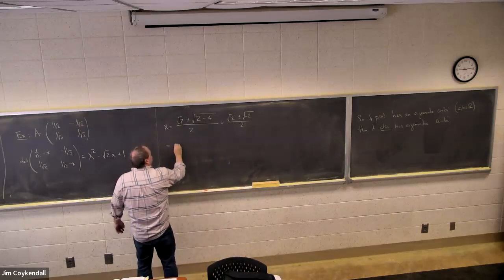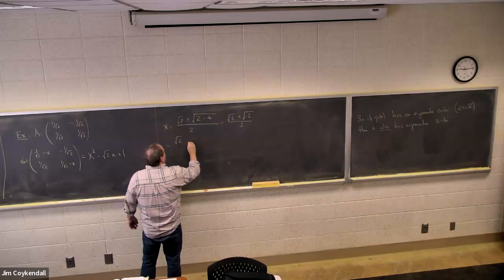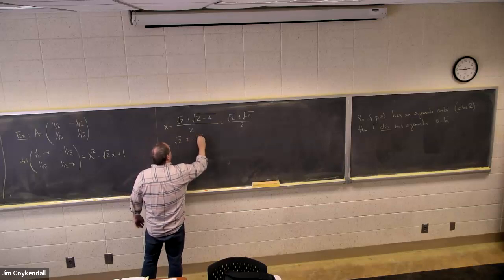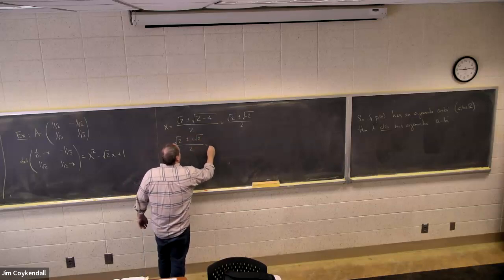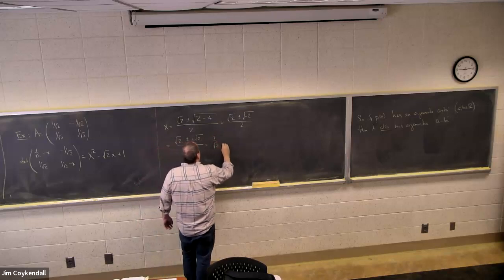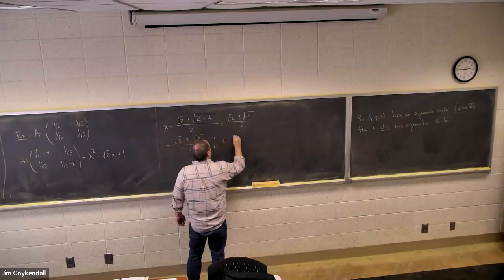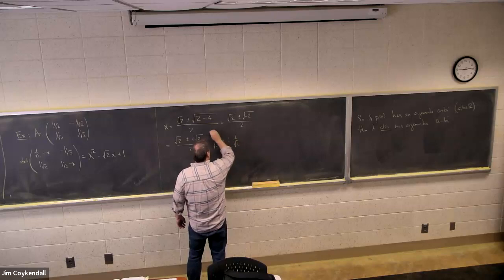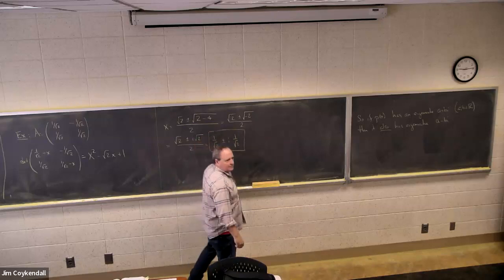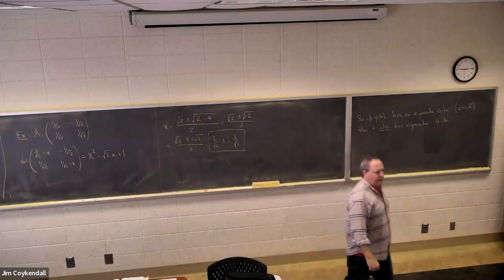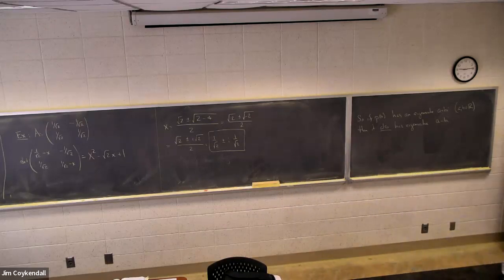And I can write this as plus or minus i radical 2. So I get 1 over radical 2 plus or minus i times 1 over radical 2. There are my 2 eigenvalues. Notice, as predicted, I got a pair of complex conjugates, right?